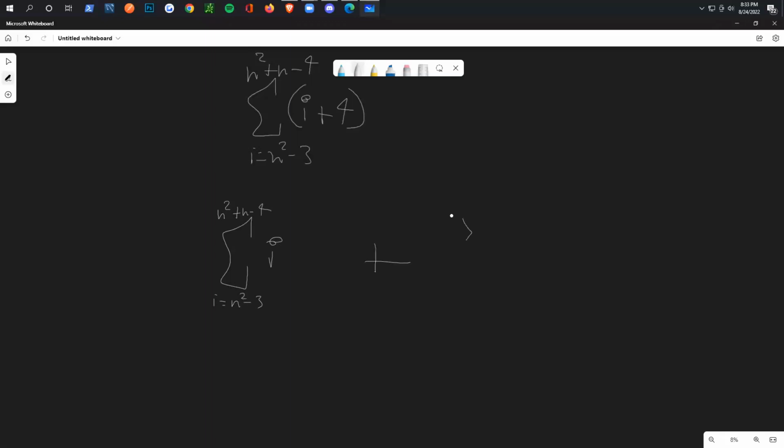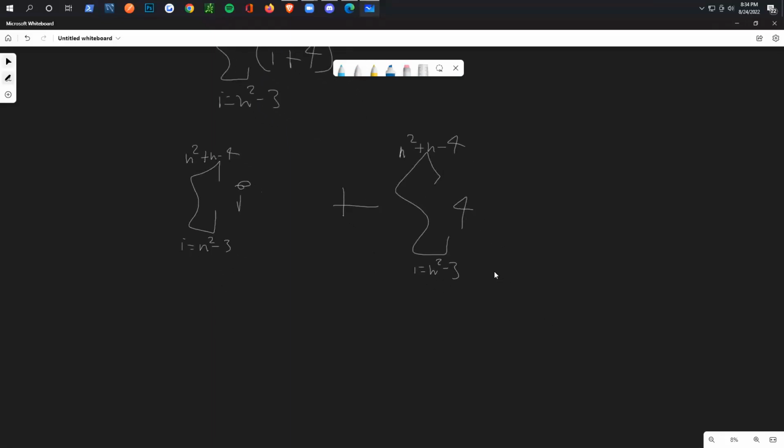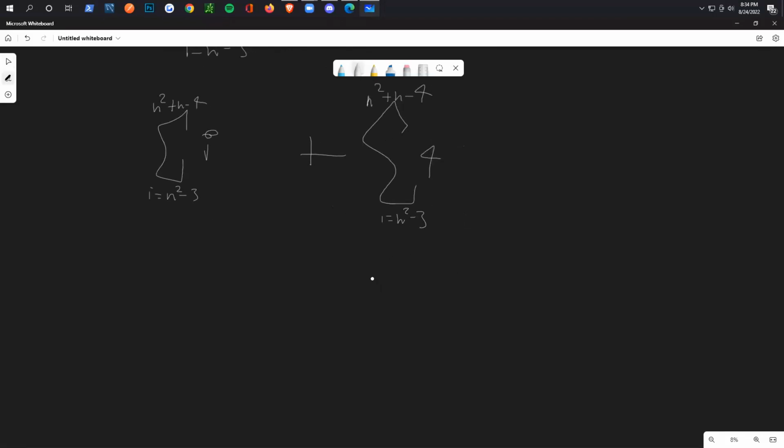The sum of 4i plus the sum of 4. I'm giving up on my notation, it just looks worse and worse every time I draw it. Okay, so now let's deal with the sum of 4i. We're going to have to do the whole prefix sum removal thing that I've been talking about.